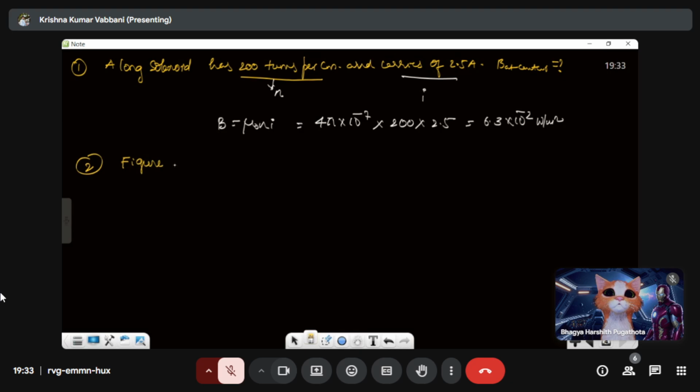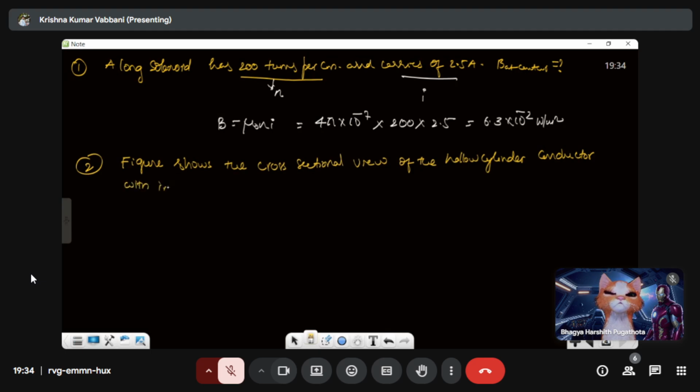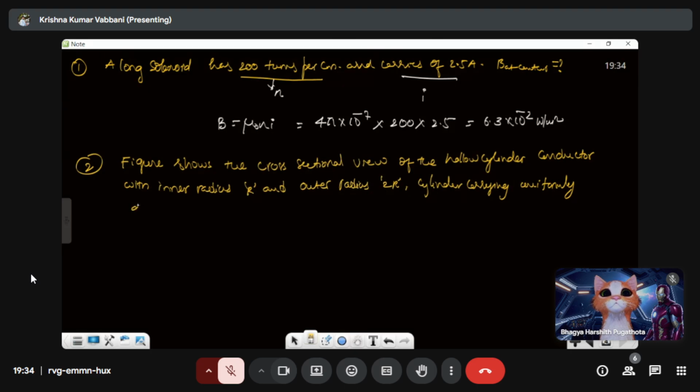Write the question: a hollow cylinder conductor with inner radius R and outer radius 2R, carrying current uniformly distributed along its axis.